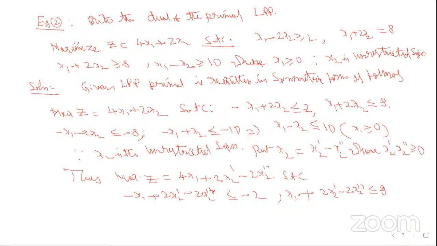Next, minus x1 minus 2x2' plus 2x2'' is less than or equal to minus 8.